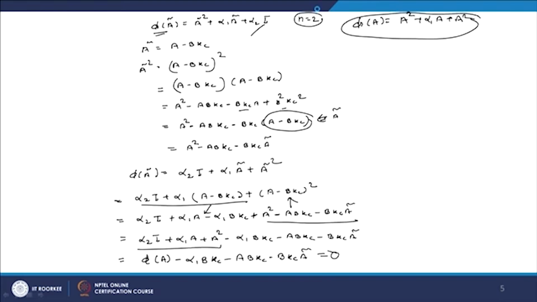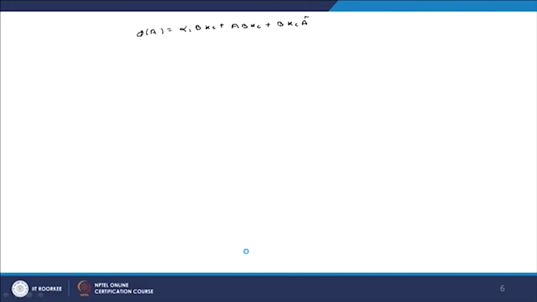Now, we will see phi of A is equal to alpha 1 B into Kc plus AB into Kc plus B into Kc into A bar. So, what actually we have done, this phi of A bar is equal to 0. So, we can write down this equation as phi minus this equal to 0. So, finally we have written the condition in terms of phi of A equal to alpha 1 B into Kc plus AB into Kc plus B Kc into A bar.